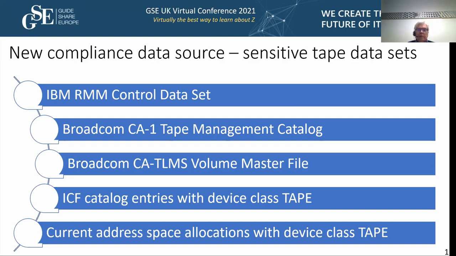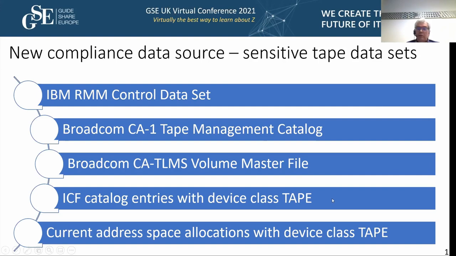And there's other packages like Broadcom CL1 and Broadcom CATLMS that we also support to get the tape dataset name resources. And also ECF catalog entries with device class tape, and they might or might not be saying the same thing as these tape management systems.